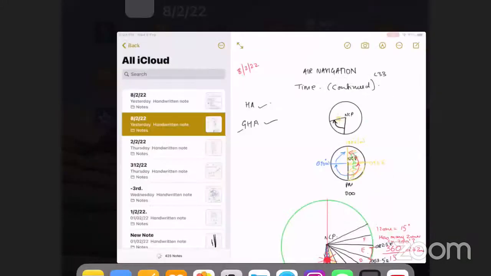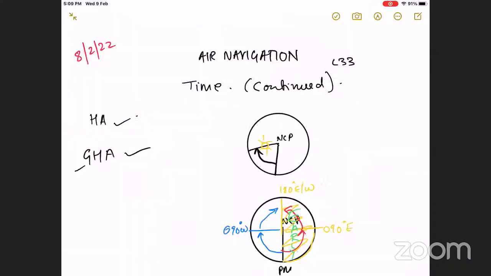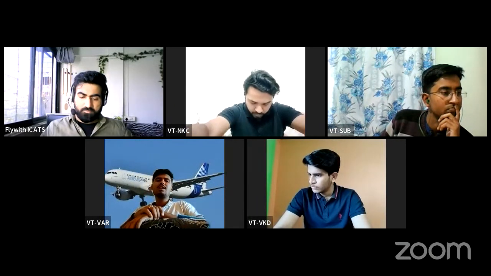When the mean sun transits any meridian, the LMT on that meridian will be 12 o'clock, and that is midday or noon. And just on the anti-meridian of that will be 0000 hours, that will be the midnight. And LMT measured from the Greenwich meridian is called GMT, which is also Zulu time.